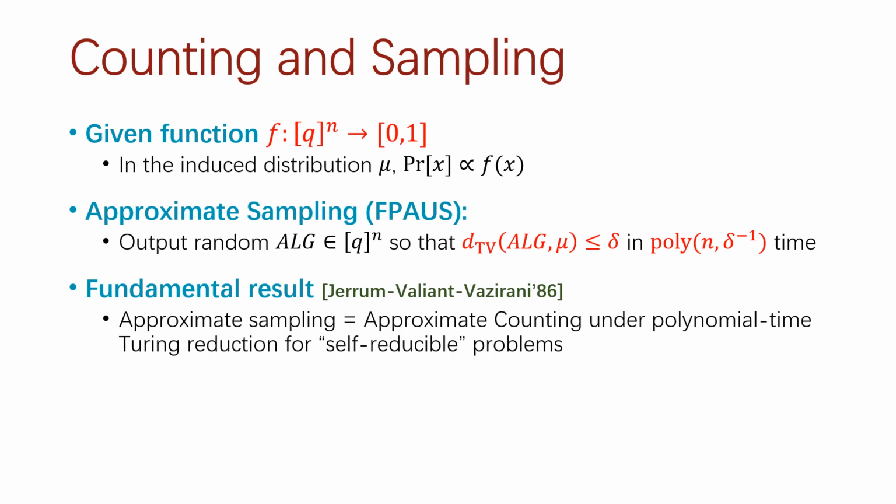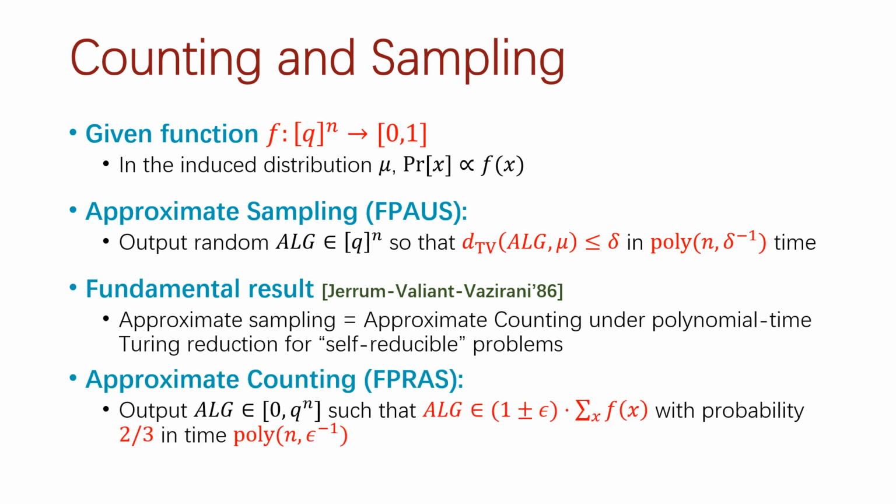A fundamental theorem of Jerrum, Valiant and Vazirani in 1986 shows that approximate sampling is equivalent to approximate counting for this kind of self-reducible problems. The counting problem asks us to give the sum of all possible f(x).